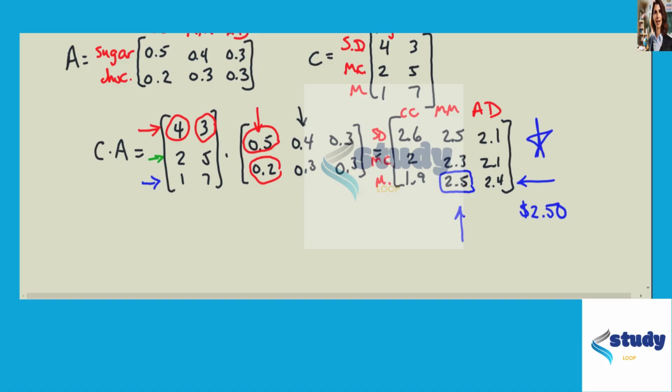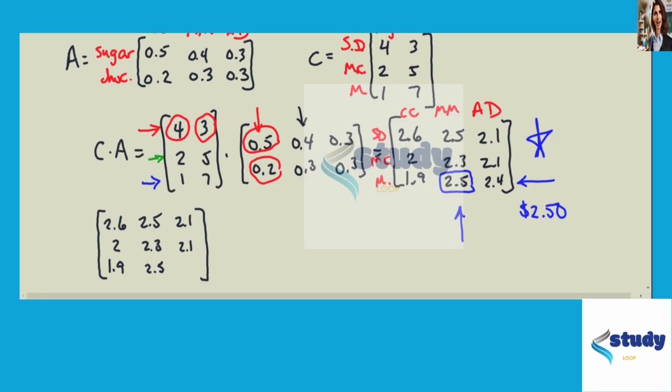Okay, now we have one last thing we want to do with this. I have a special shipment of certain amounts of each of these candies. How much would it cost to put together this order in each of these cities? Well, to do that, I'm going to start by recopying that matrix we just came up with. 1.9, 2.5, and 2.4.